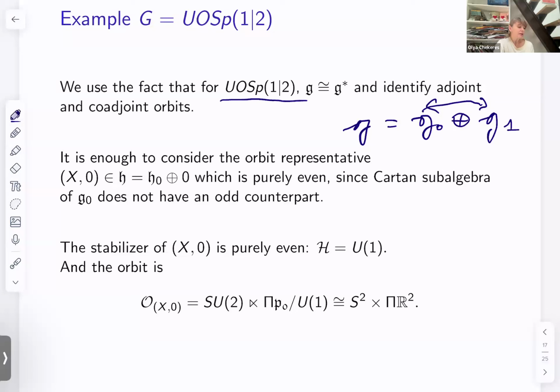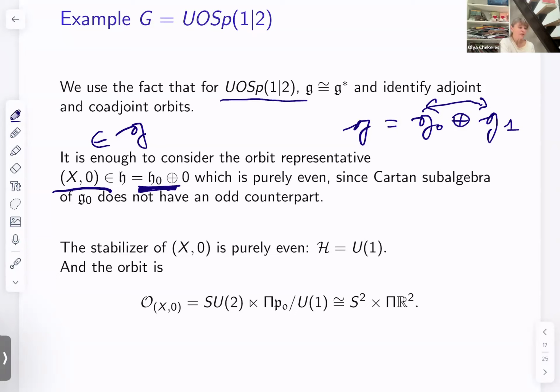And we computed some examples considering the orbit representatives. So first we take a purely even orbit representative. This is an element of the superalgebra, instead of the dual. Now we are looking at adjoint orbits in this case. For the even element, we have only the even part here. The odd element is equal to 0.